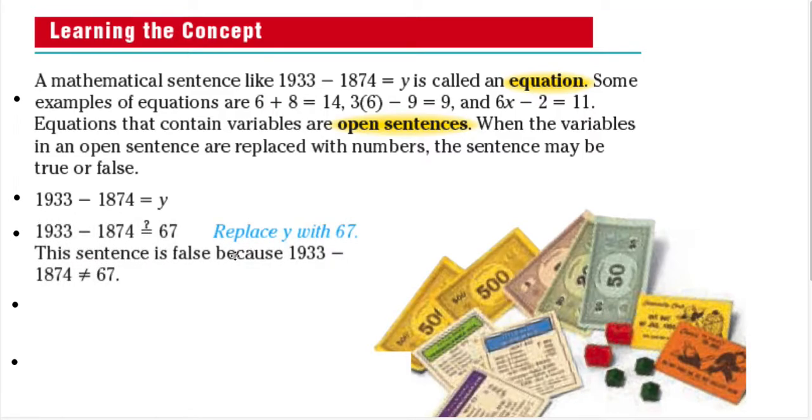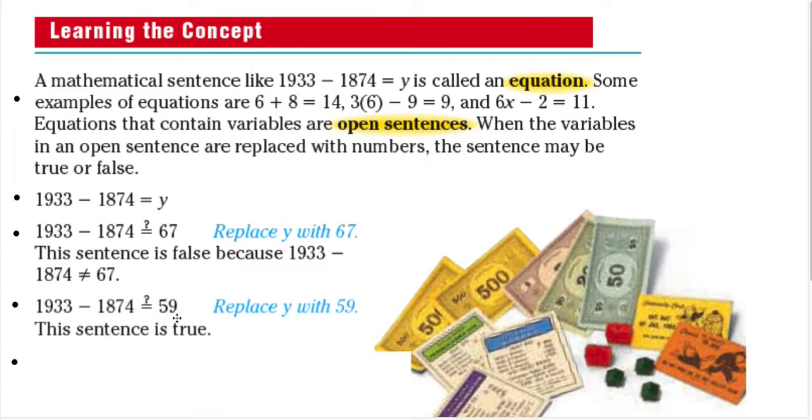The sentence is false because 1933 minus 1874 is not equal to 67. But if we substitute 59 for y, we make this sentence true, because 1933 minus 1874 is equal to 59.